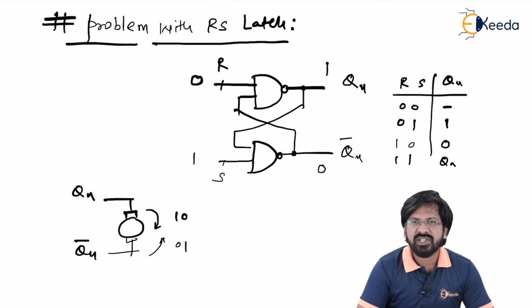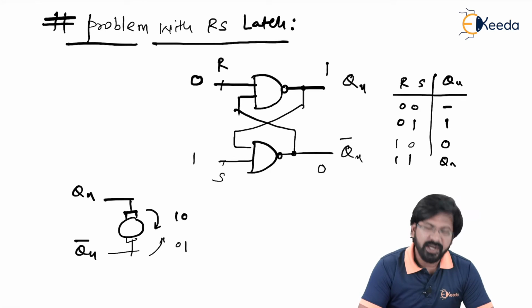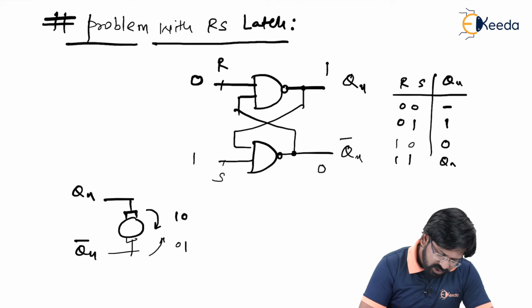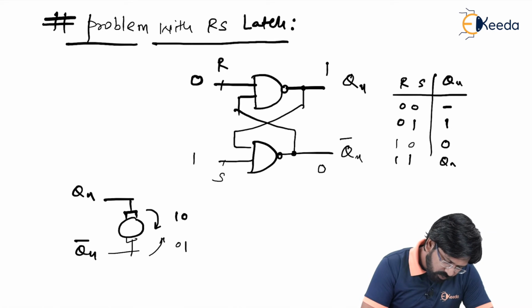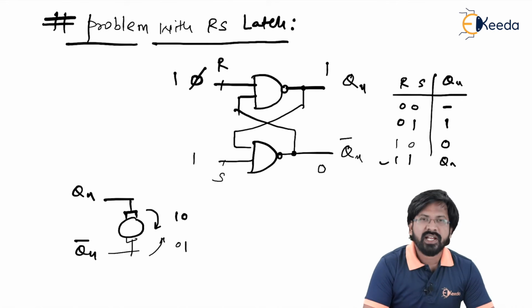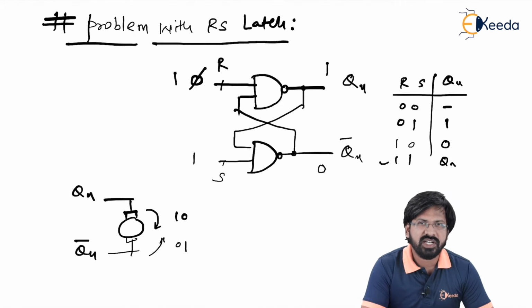Let's say I want to hold this condition for a long time, then I expect that the output of the latch shouldn't change. So I am changing the value of R to 1. What is the reason? You can refer to the table. When R equals 1 and S equals 1, the latch remains in the no change state.